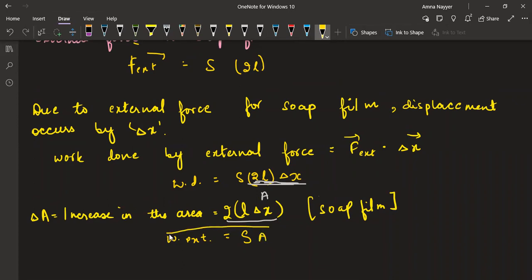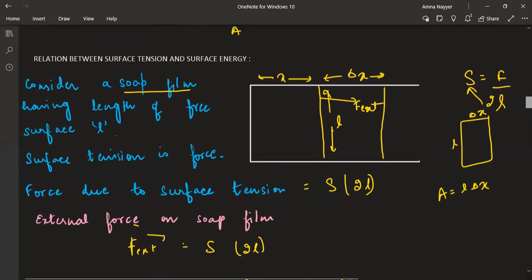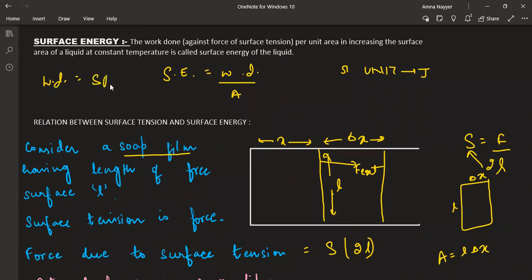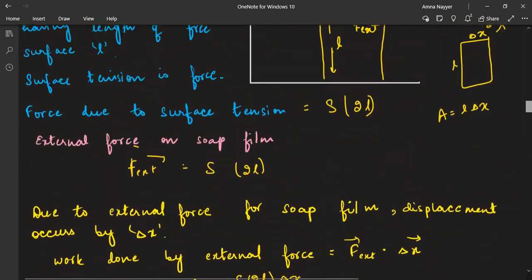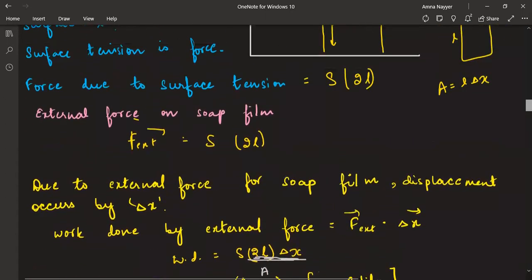That is the formula of work done. Did we not start from this? Surface tension is work done by area. So from here, you can directly say that work done will be surface tension into area. This is just a formula that will be used. If the derivation is asked in your exam, you'll have to mention these steps. All right, so surface work done or energy will be surface tension into area.